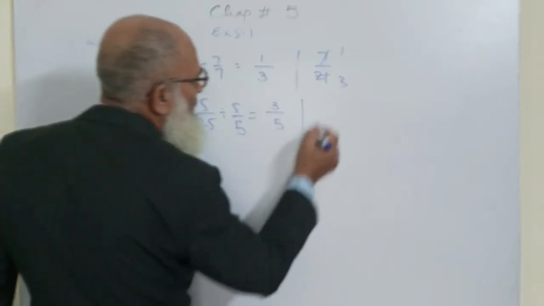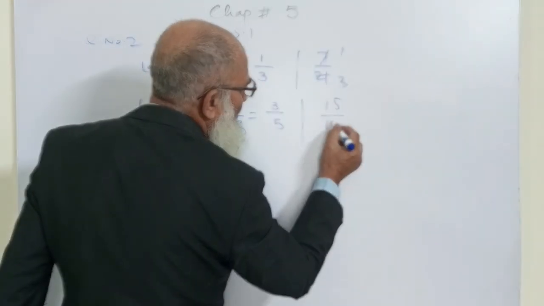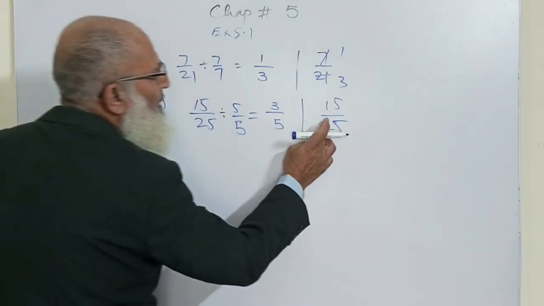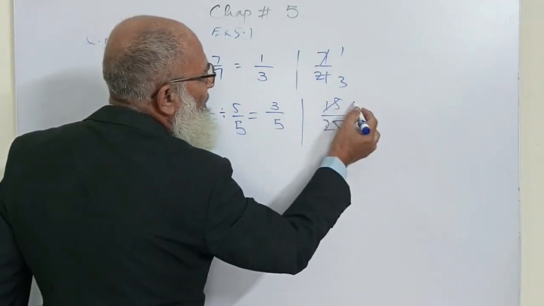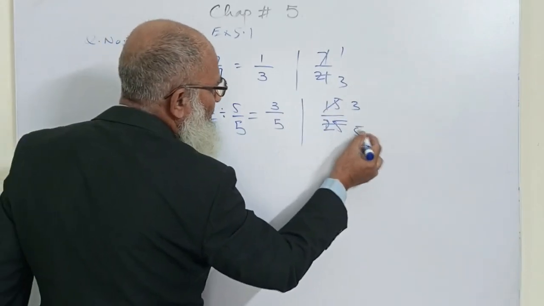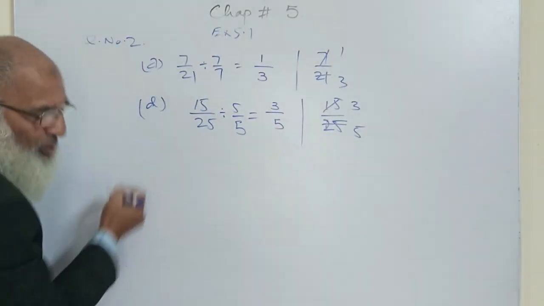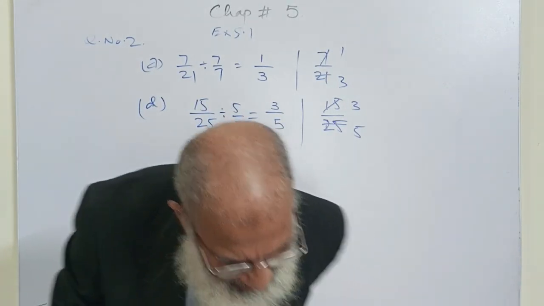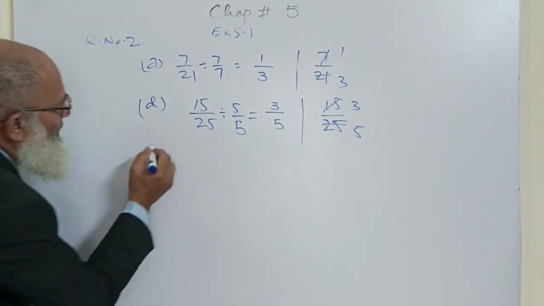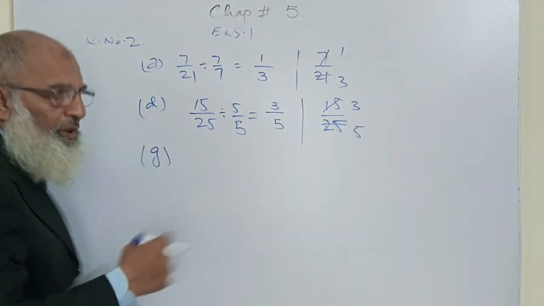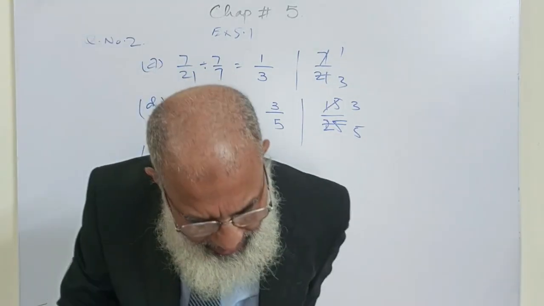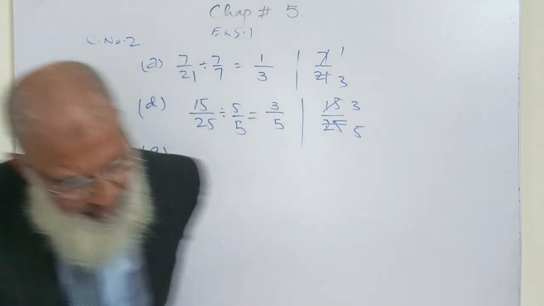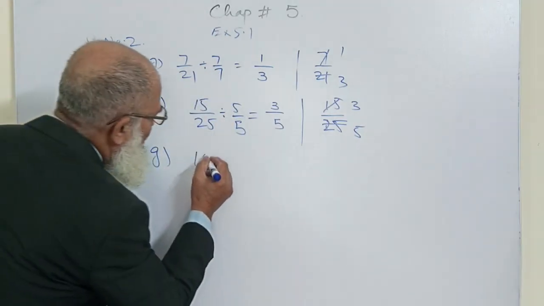Or you can do it like this, 5 3 times and 5 5 times. And now part G. I'm not going through all of the parts because it is not worth doing all the parts. These are very easy.